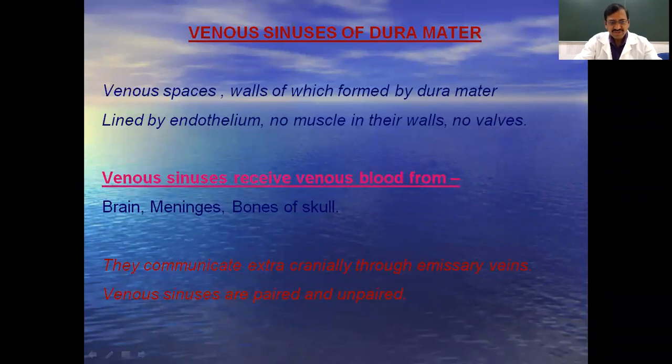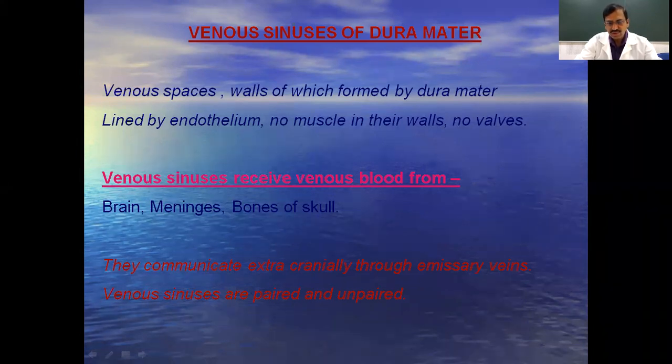The dural venous sinuses are venous spaces, the walls of which are formed by dura mater. They lie between the two layers of the dura mater, the endosteal layer and the meningeal layer, and there is no muscle in the wall of the dural venous sinuses. They are lined by endothelium.